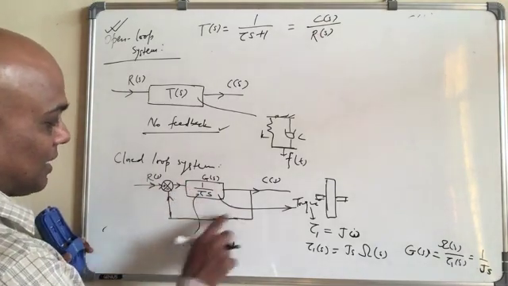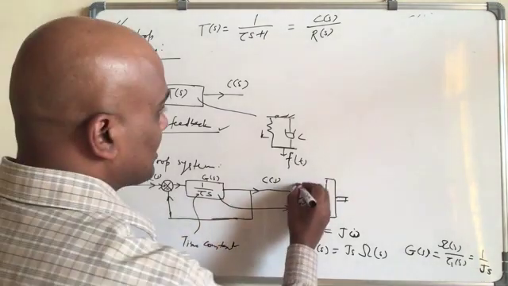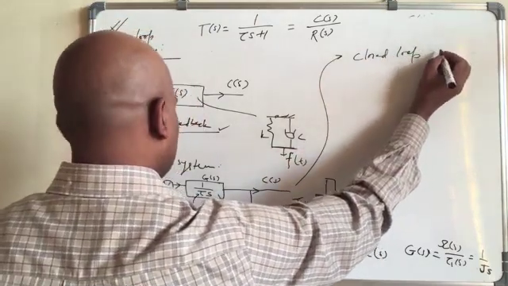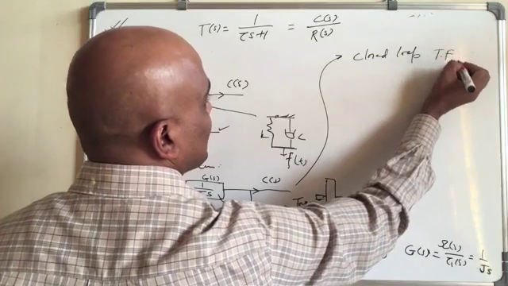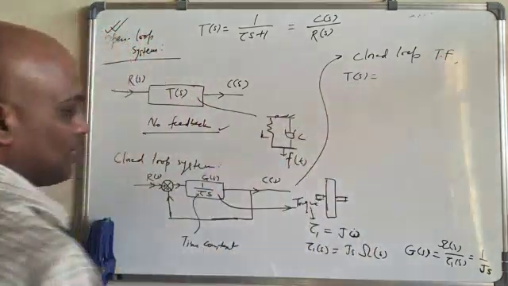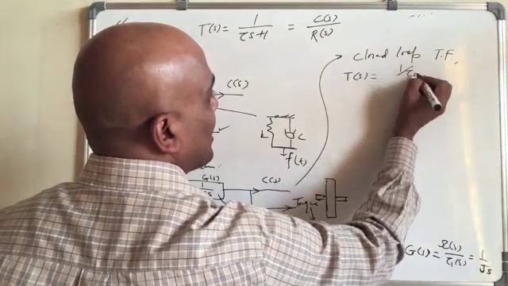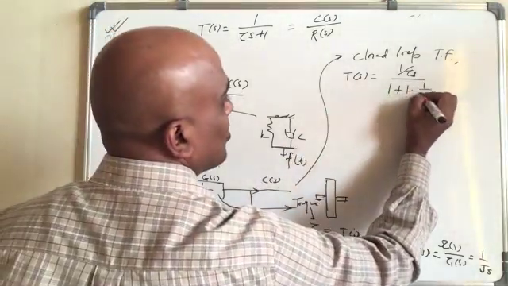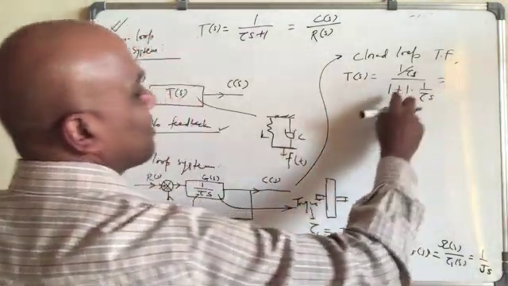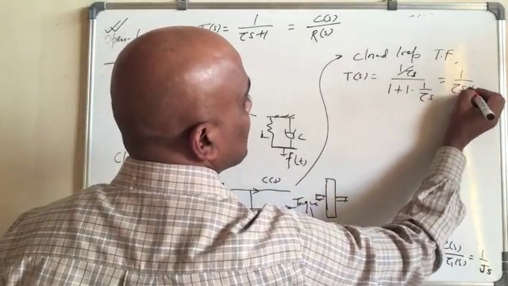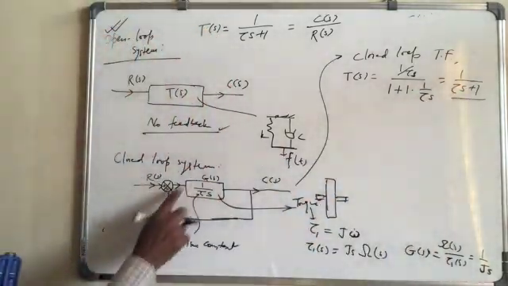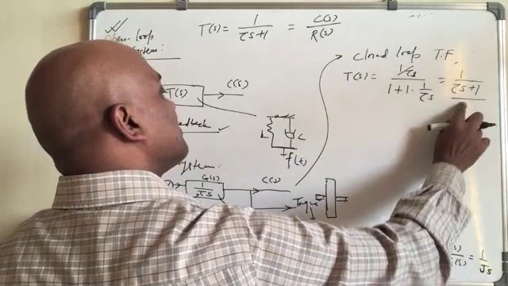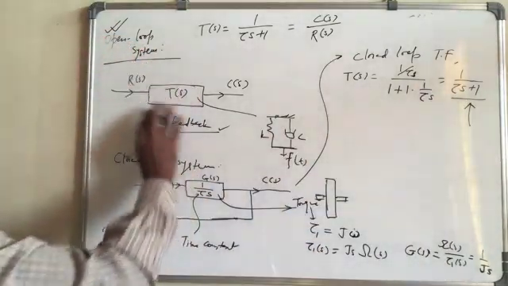So the closed loop transfer function Ts will be equal to, as we know, 1 over tau s divided by 1 plus 1, the gain, times 1 over tau s. We write like that, and hence we get 1 over tau s plus 1. See? Same thing, we can also have exactly the same transfer function as this.